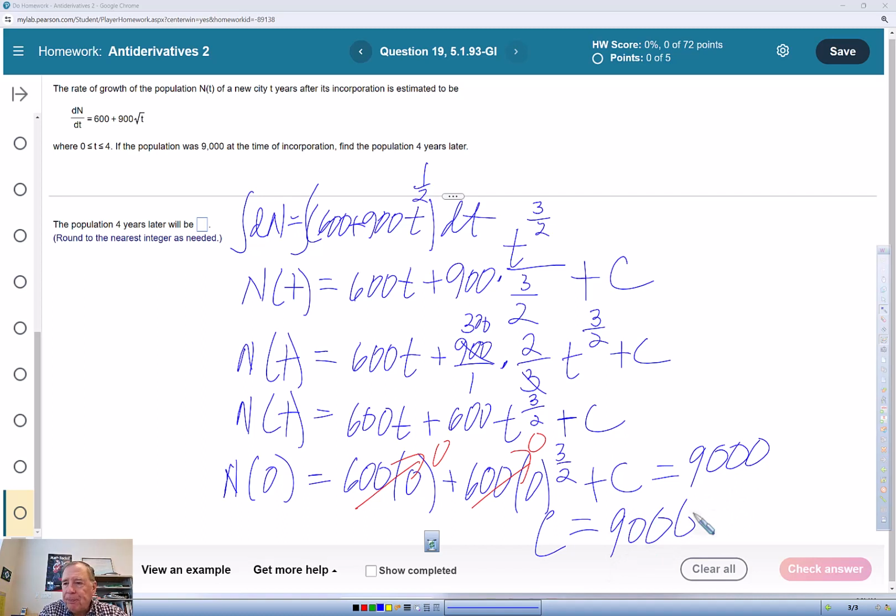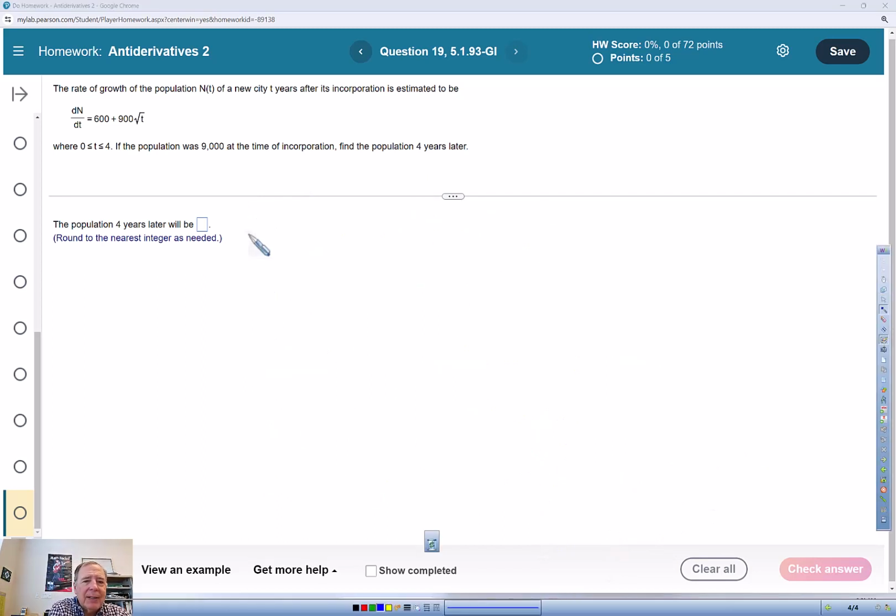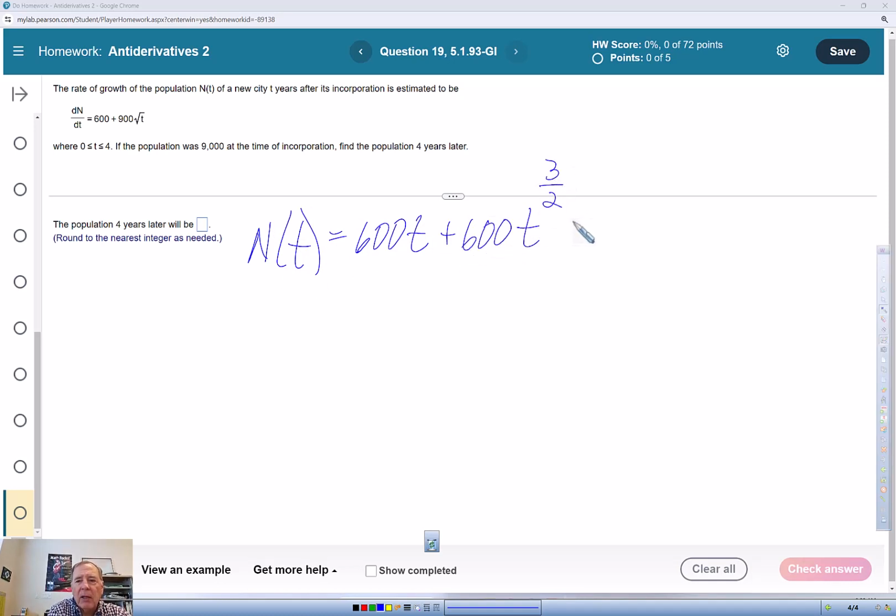So our function N of t is going to be 600t plus 600 t to the 3 halves plus 9,000. And we're going to evaluate this at t equals 4.